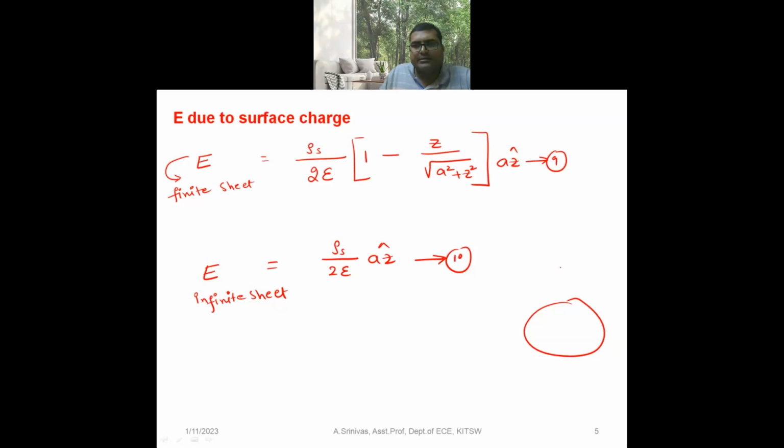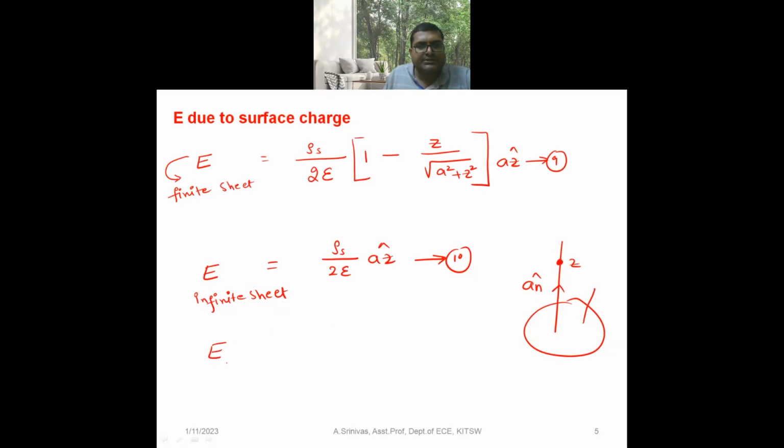The sheet is on the xy plane. We are going to calculate the electric field along the z direction. This is the direction of the resultant electric field, which is normal to the sheet of charge.